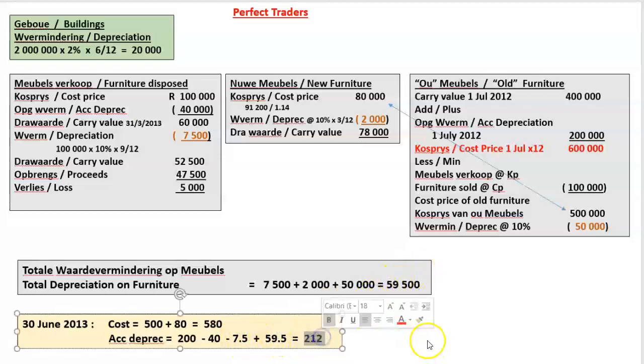So the 200,000 less the 40,000 plus the 2,000 plus the 50,000 plus the 7,500 less the 7,500, and that will give you at the end of the day the 212,000.